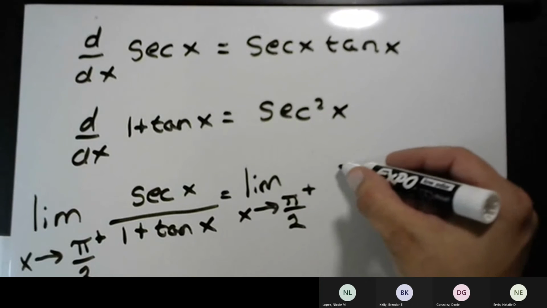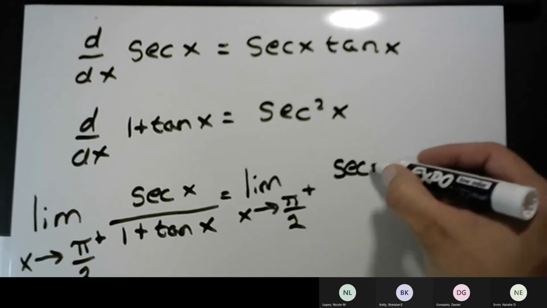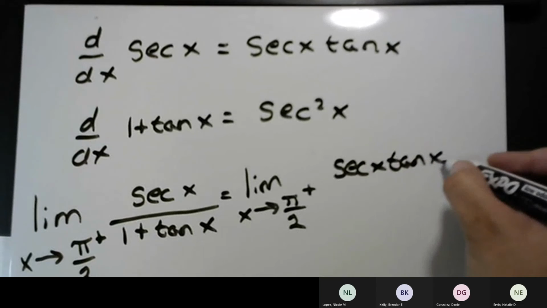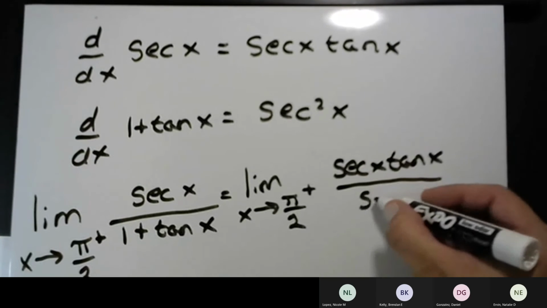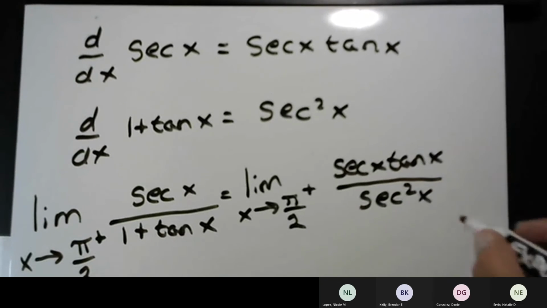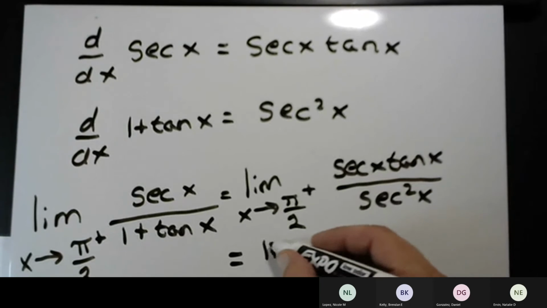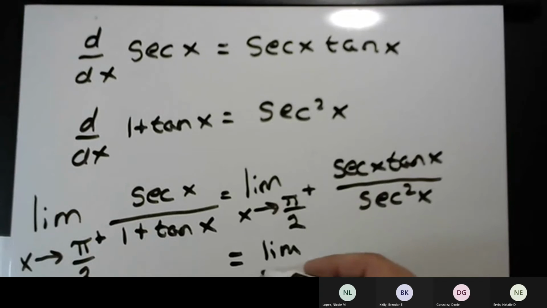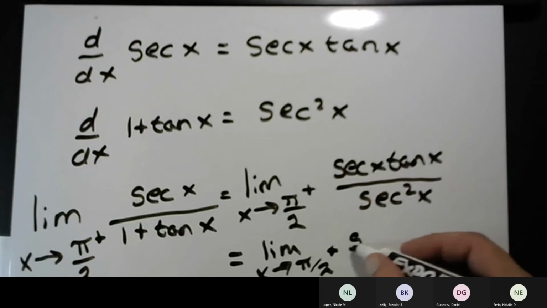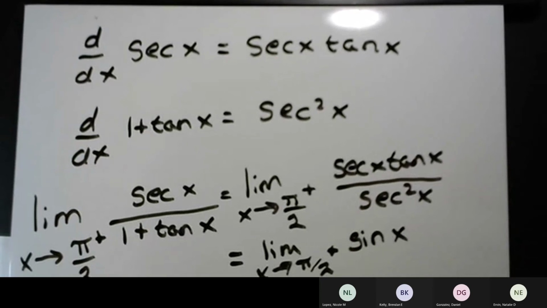And this reduces down, let's see, we have secant x, tan x, secant squared x. And that's going to reduce down. As x approaches pi over 2 from the right, sine of x.